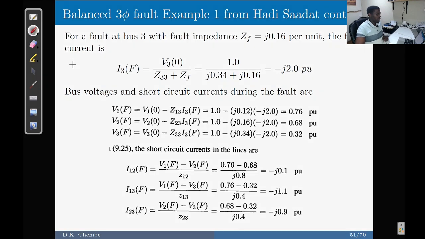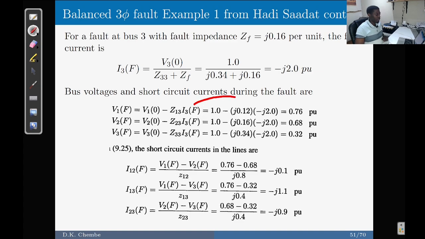V1F during the fault is equal to V10 minus Z13, also coming from the Z bus, times I3F, which we have just calculated.